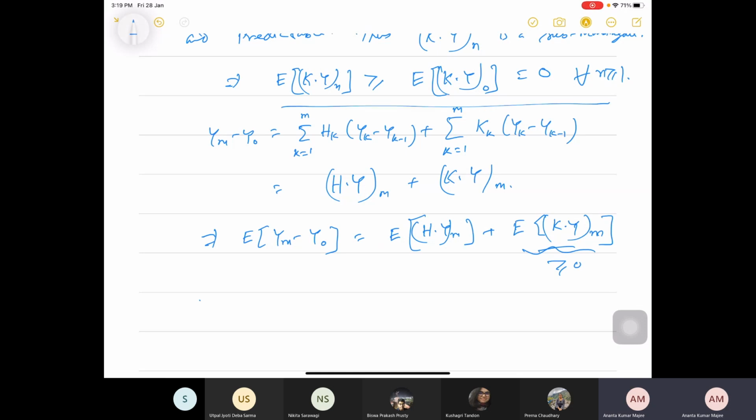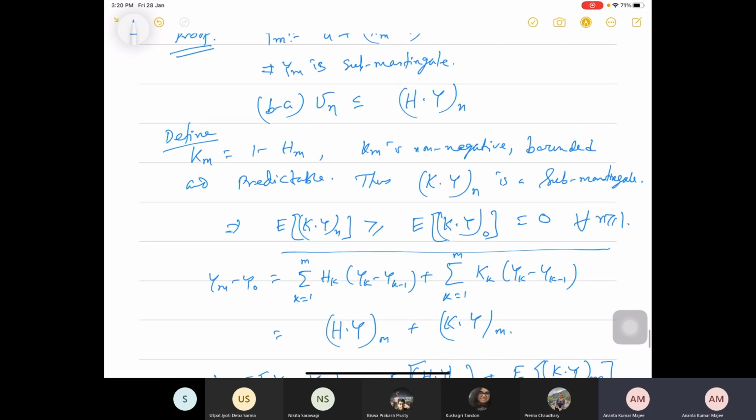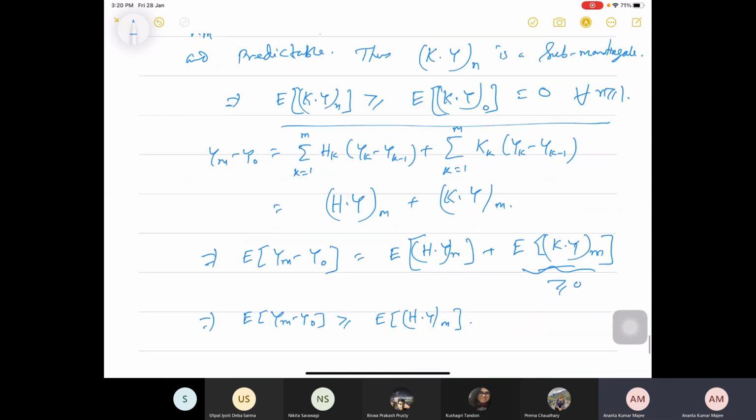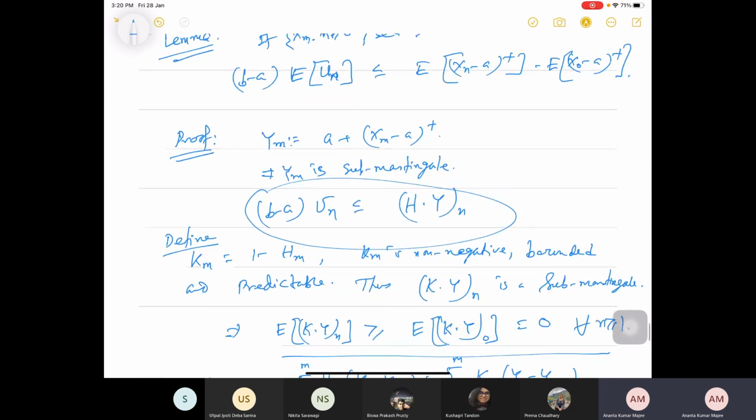So the expectation of Y_m minus Y_0 is greater than or equal to the expectation of (H·Y)_m. From what we have previously, if you take that expectation, I can denote it by some star.